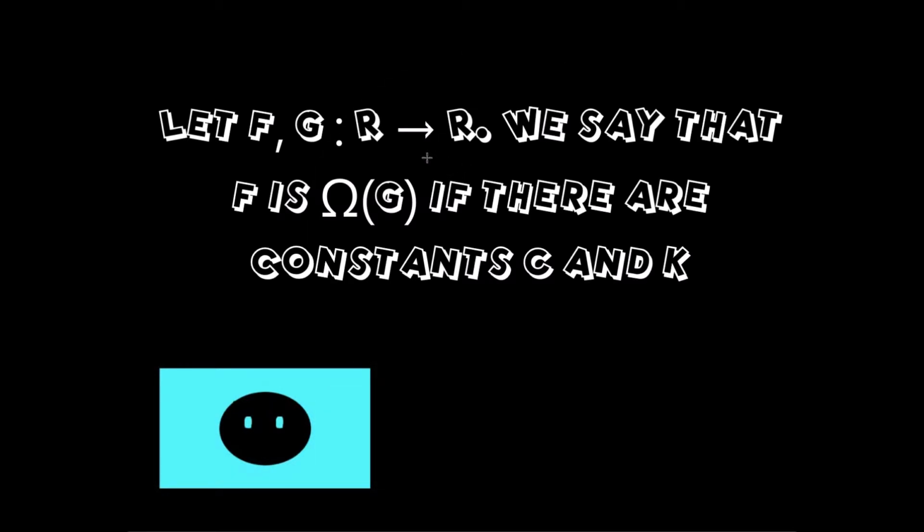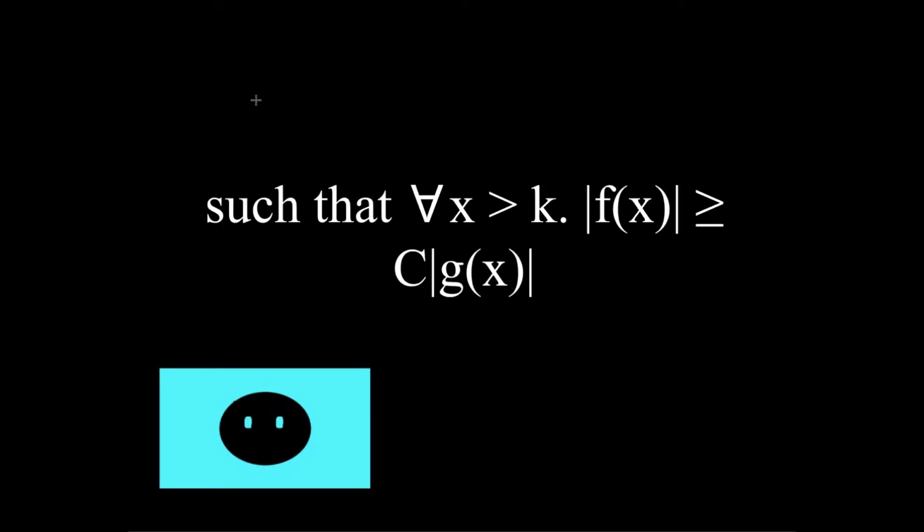Now, let's go to another big topic, which is big omega. Let f and g be functions from R to R. We say that f is big omega of g if there are constants c and k such that for all x greater than k, the absolute value of f of x is greater than or equal to c times the absolute value of g of x.